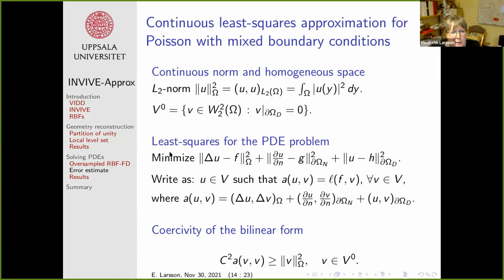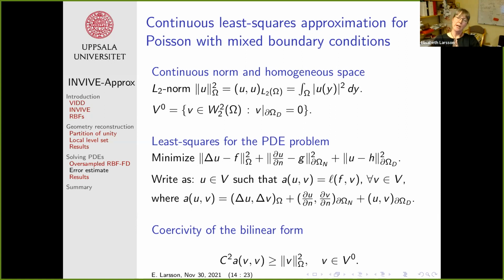So if we write down a least squares problem for the Poisson problem, we want to minimize the residual of the interior Poisson equation, the residual of the Neumann boundary condition, and the residual of the Dirichlet boundary condition, each of these in its own domain.